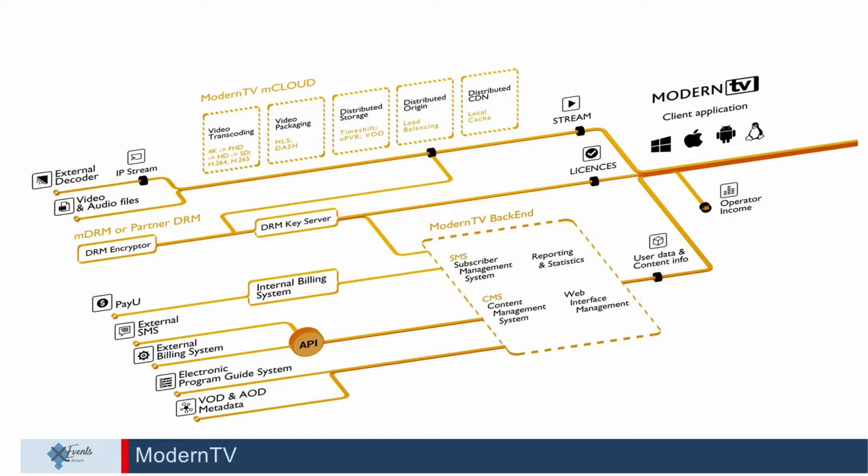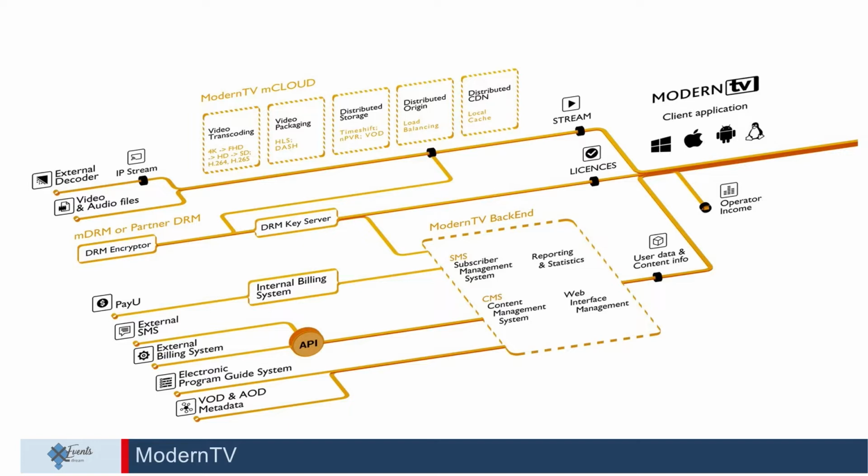Okay, so let's start with what we have here. A little bit of recap from last week, when we went through all of your system and the new things. If we have the demonstration available, then I can show that ModernTV is pretty much covering everything from the beginning until the end, for live and for VOD, and then there's everything on the ModernTV M Cloud, what is needed for streaming.